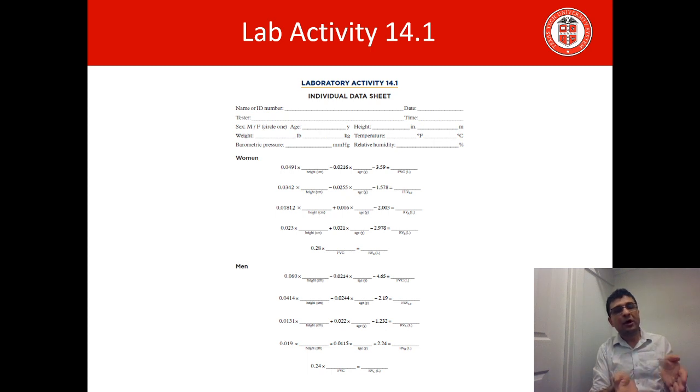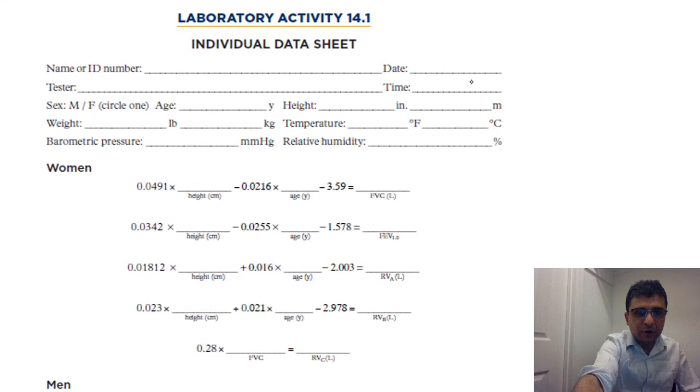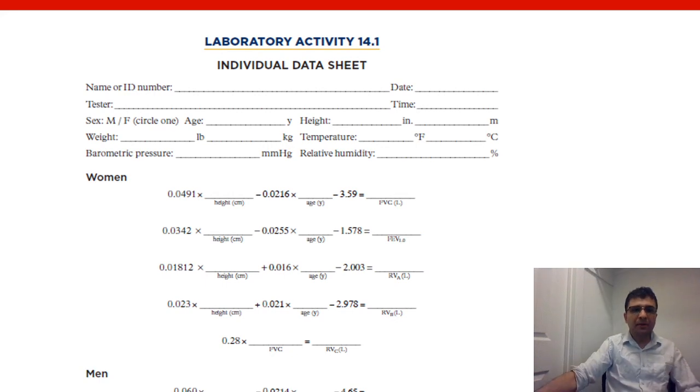It will help you to solve your virtual lab assignment, and I can guide you to this lab activity 14.1. You can see that you have to fill in your basic details, the date, time, specifically concentrate on your gender and height and age, because these are the three things which you're going to use in solving the equations which are given below.